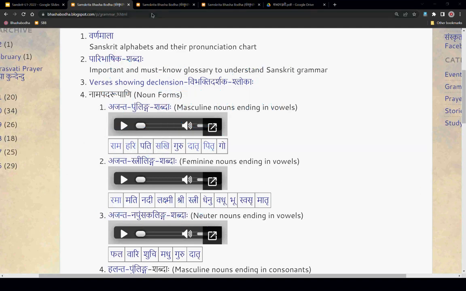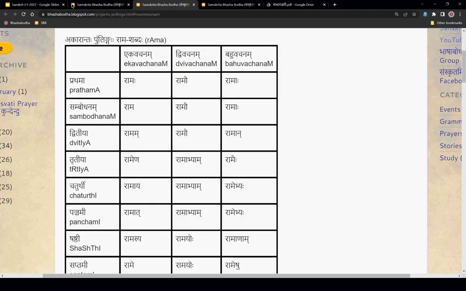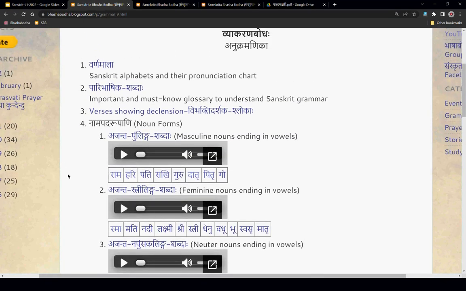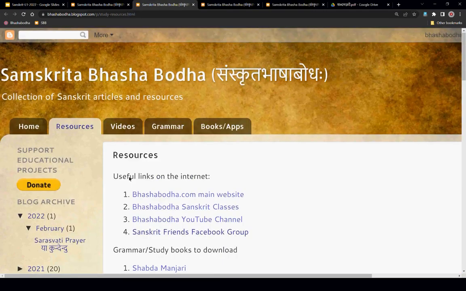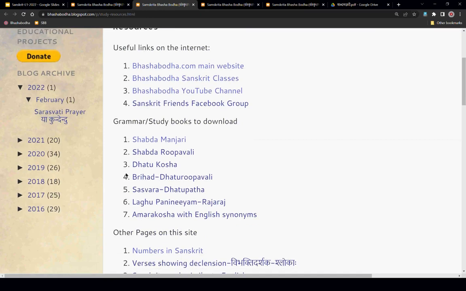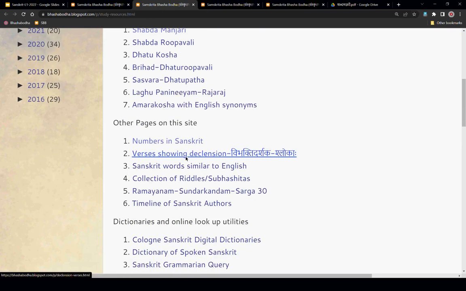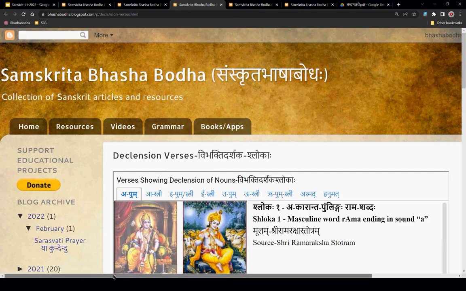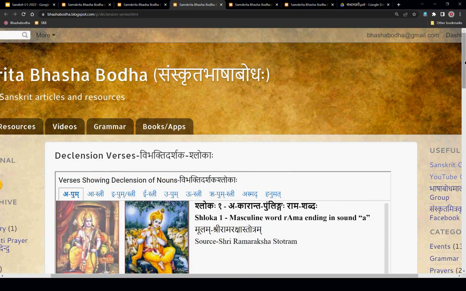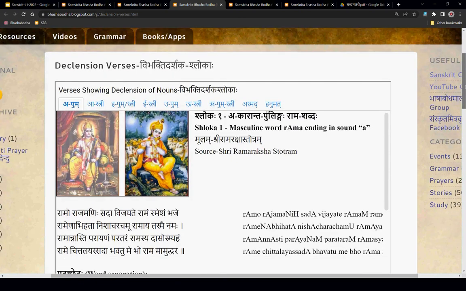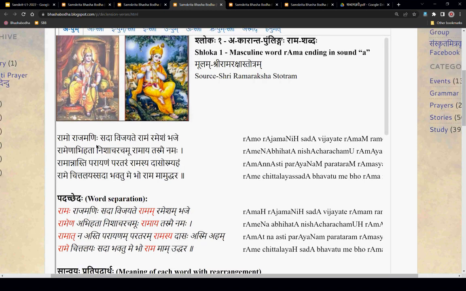Suppose let's go to resources. I just want to show you some verses showing declension shloka. This also might be interesting for some of you. So for example here, Ramo Raja Manisada Vijati.